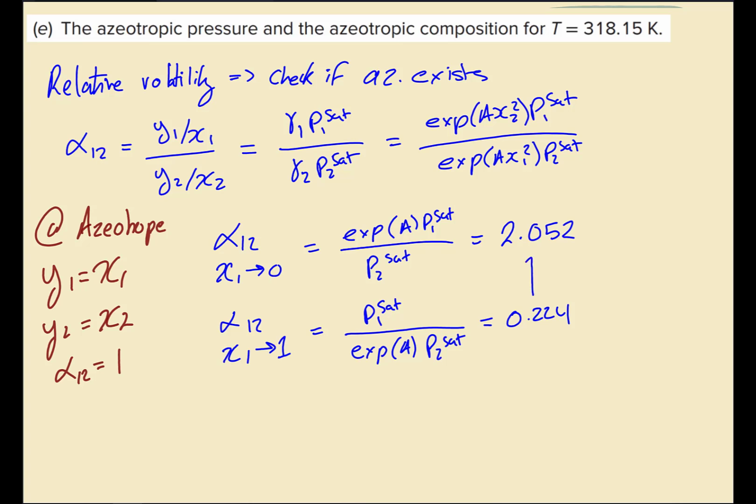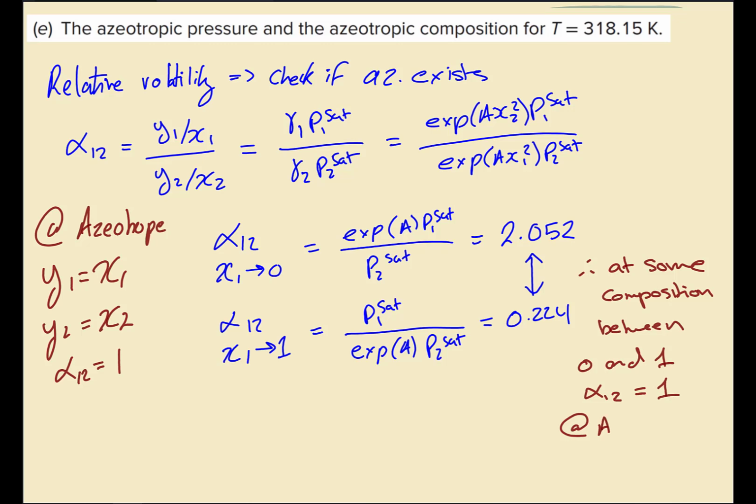Between 0.224 and 2.052, somewhere in between, I've crossed the value 1, meaning that an isotrope should exist. So therefore, at some composition between 0 and 1, alpha 12 equals 1, which is at the isotrope.